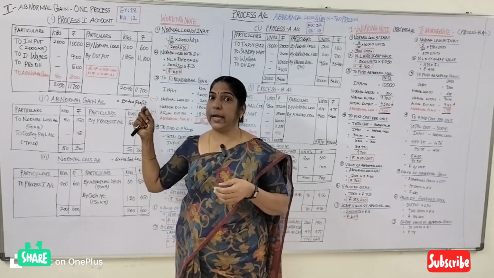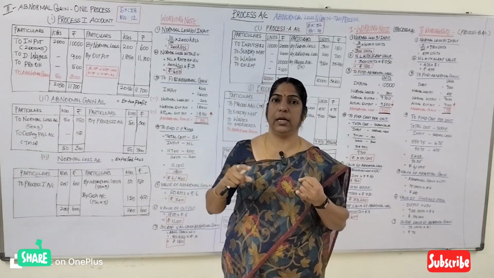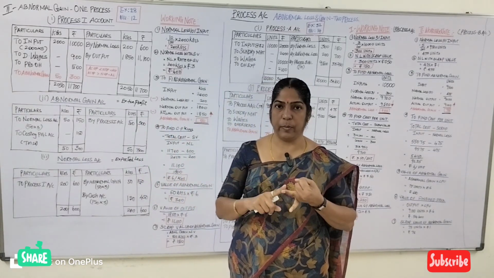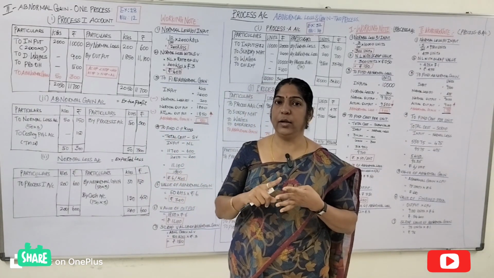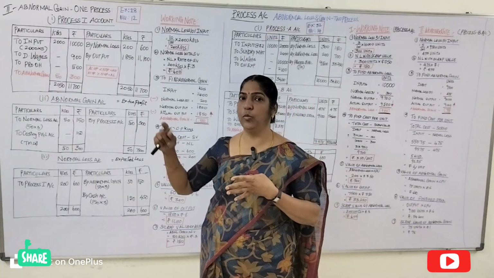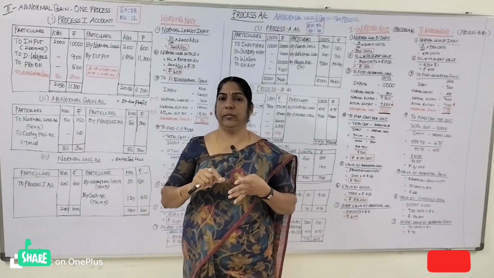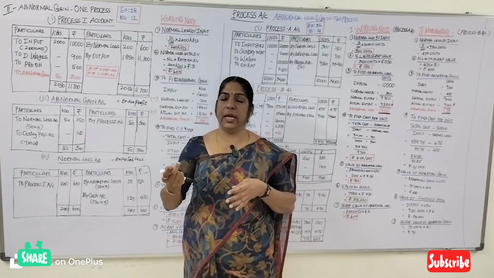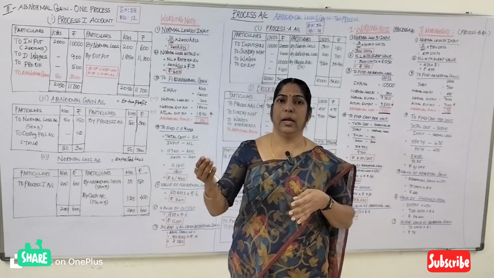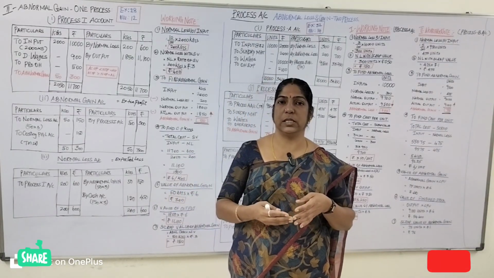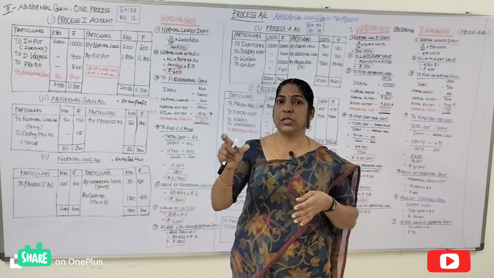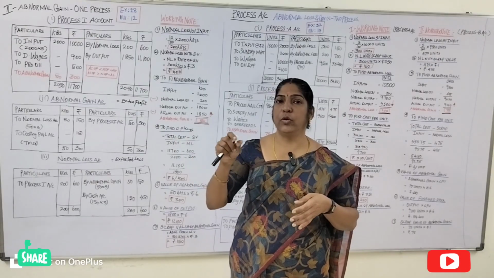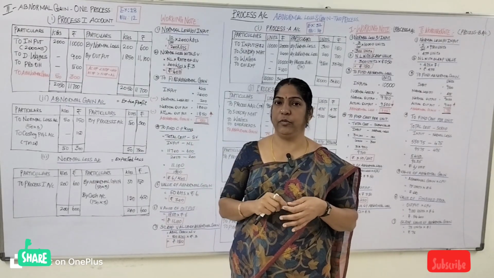What are the items that will appear on the creditor side? Normal loss, abnormal loss, output and closing stock. Sometimes output we denote as finished goods. If they given process 1, process 2 or process A, process B, process C, in the final process output we denote as finished product, finished stock.